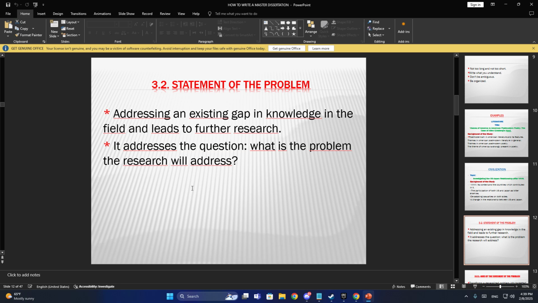So in the statement of the problem, I start to go to the core of my dissertation. Here I address an existing gap in knowledge in the field that leads to further research. Second, I address the question: what is the problem the research will address? So I'm going to talk specifically in the statement of the problem.